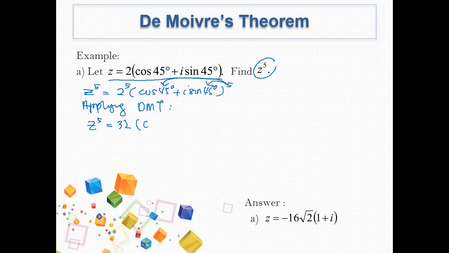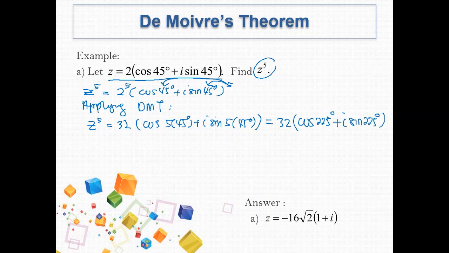So what we have now is cos of 5 multiplied by 45 degrees plus i sine of 5 multiplied by 45 degrees. That simplifies to 32 cos 225 degrees plus i sine 225 degrees.